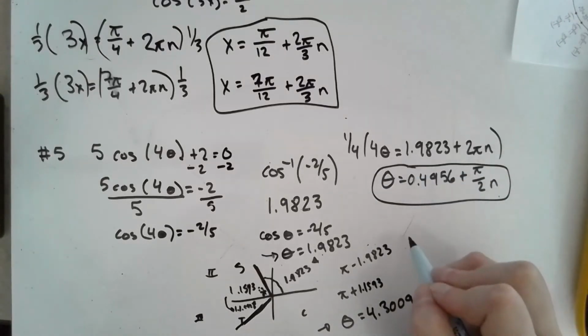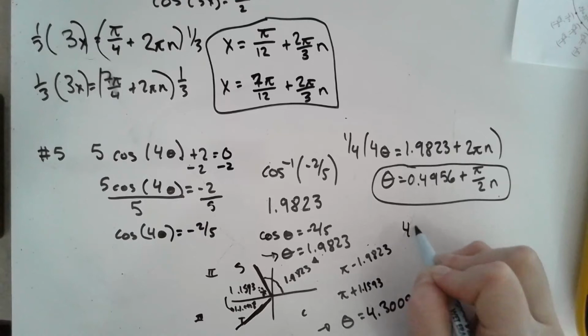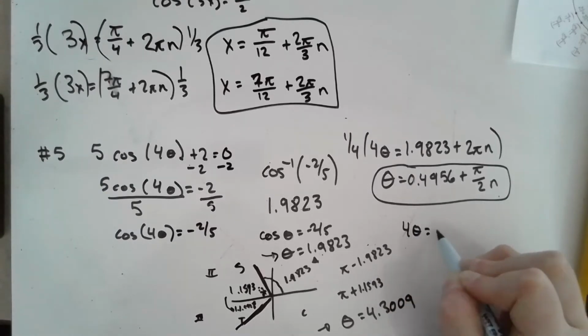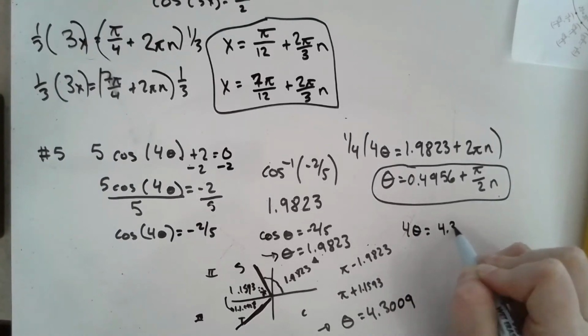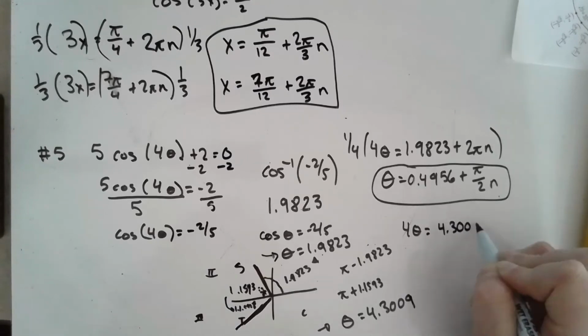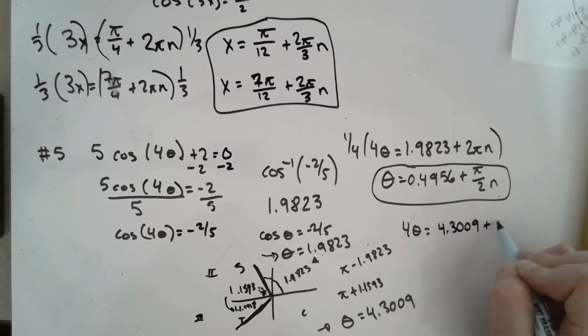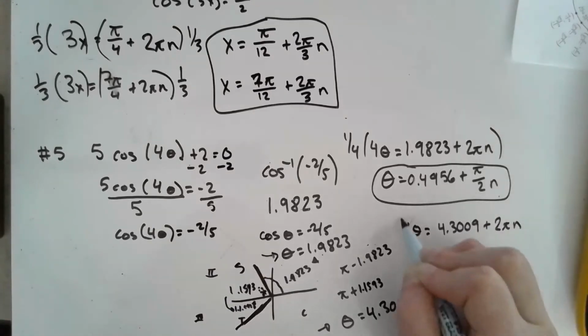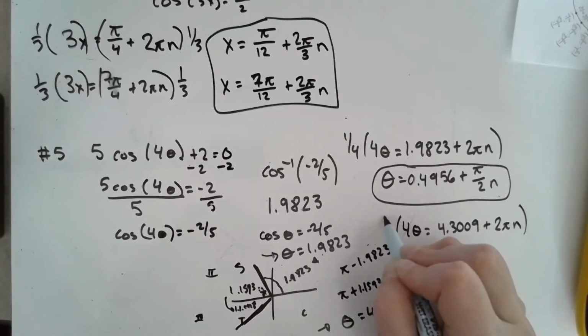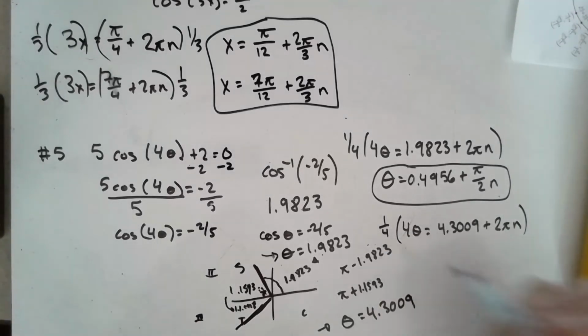And then my second answer is going to be 4 theta equals 4.3009 plus 2 pi n. Okay, dividing everything by 4 or timesing it by a fourth, your choice. And we're going to take that, divide it by 4.